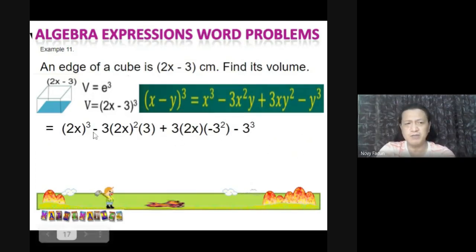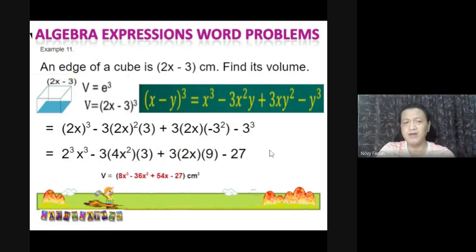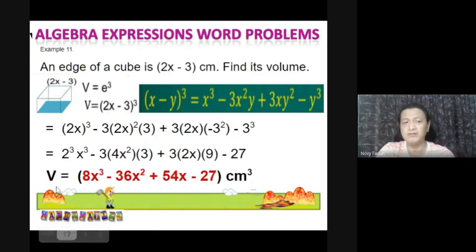And then if you're going to simplify, that is 2 cubed x cubed minus 3 times 4x squared times 3 plus 3 times 2x times 9 minus 27. And then the final answer for the volume is 8x cubed minus 36x squared plus 54x minus 27 cubic centimeters. And this is now the volume for the problem.